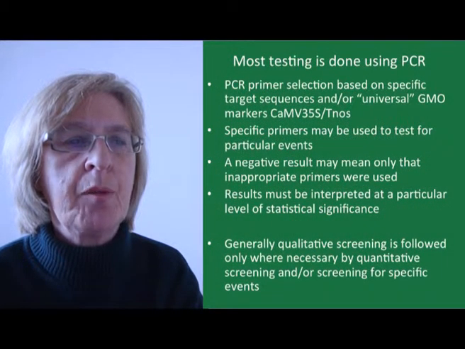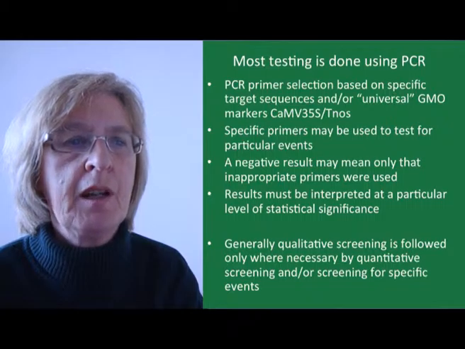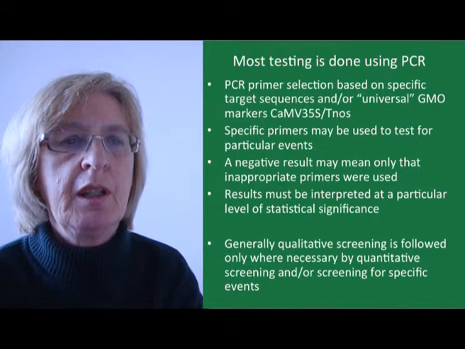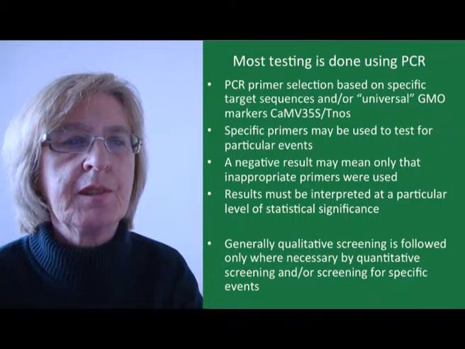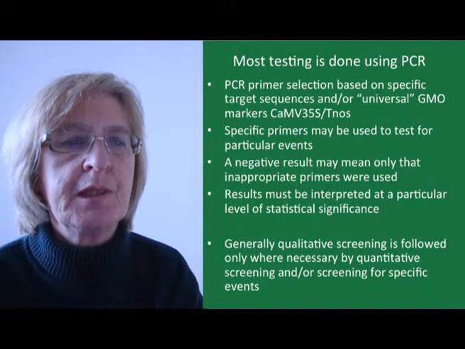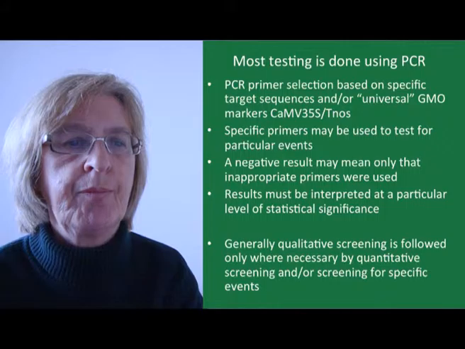In reality, the majority of testing is done using PCR rather than protein testing. For PCR testing, primer selection can be based on commonly used regulatory sequences such as the cauliflower mosaic virus 35S promoter sequence and the NOS terminator sequence. Alternatively, it can be based on specific target sequences to test for particular events.